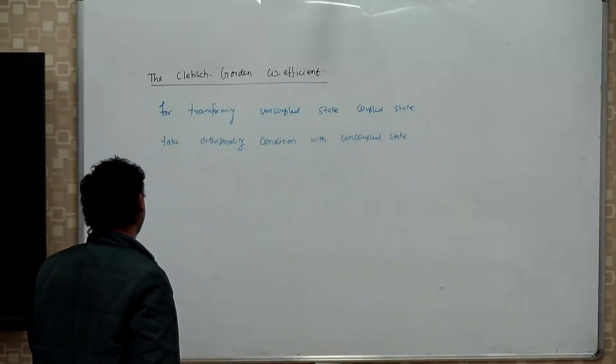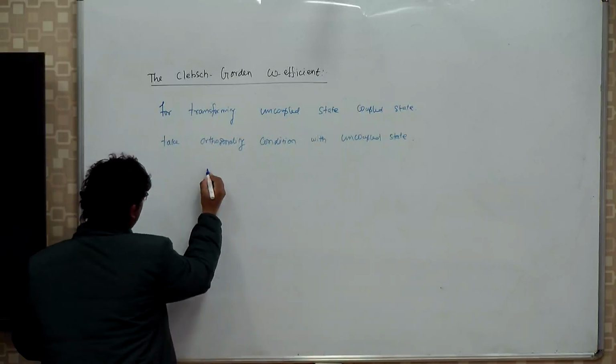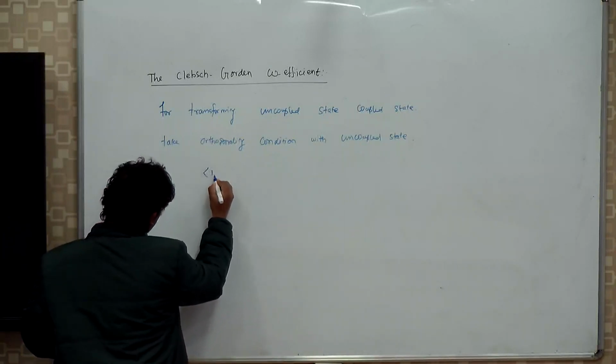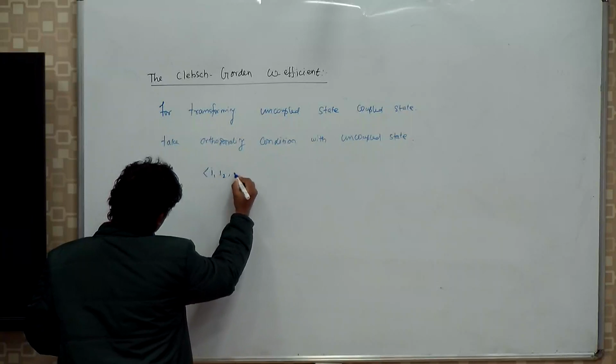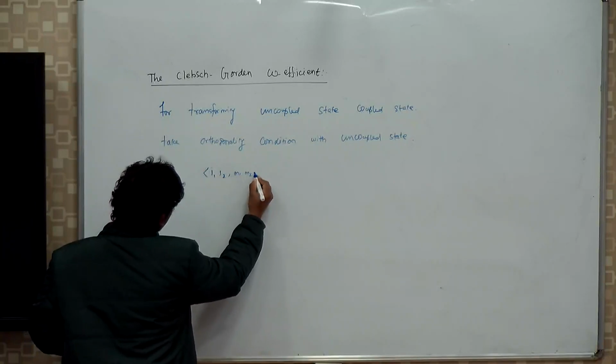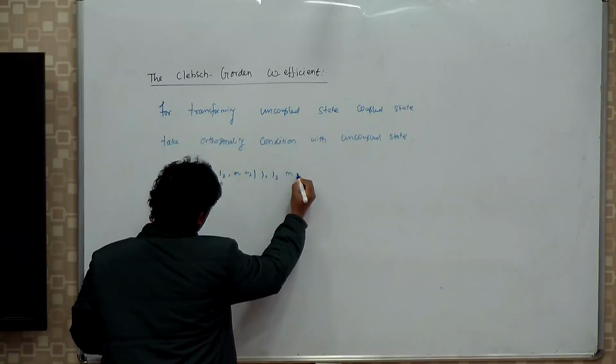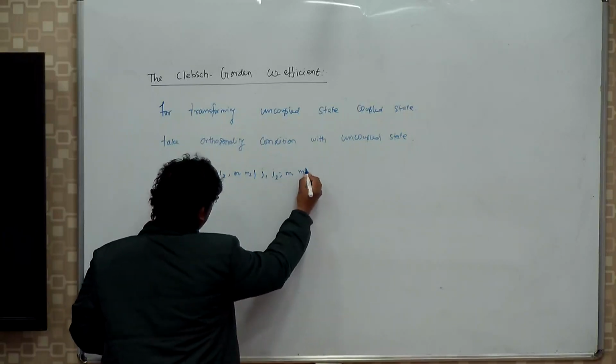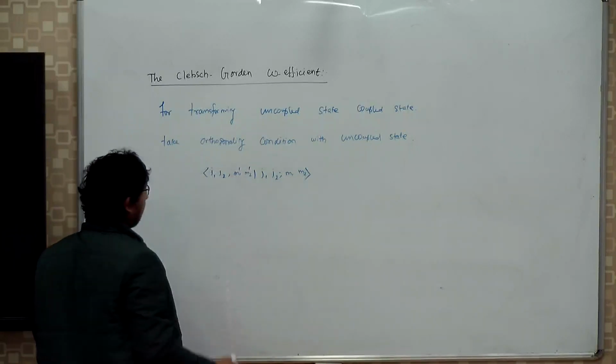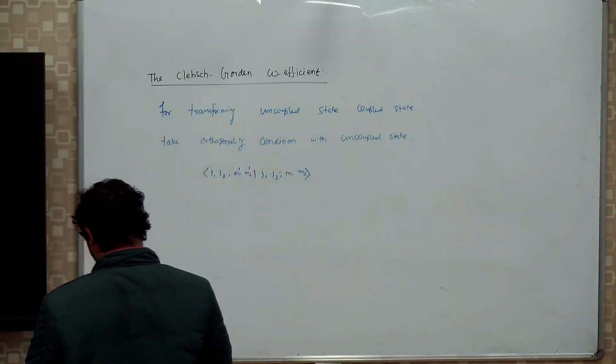So what is the orthogonality condition of the uncoupled state? You take J1 J2 M1 M2 and J1 J2 M1 M2, where the states are different.